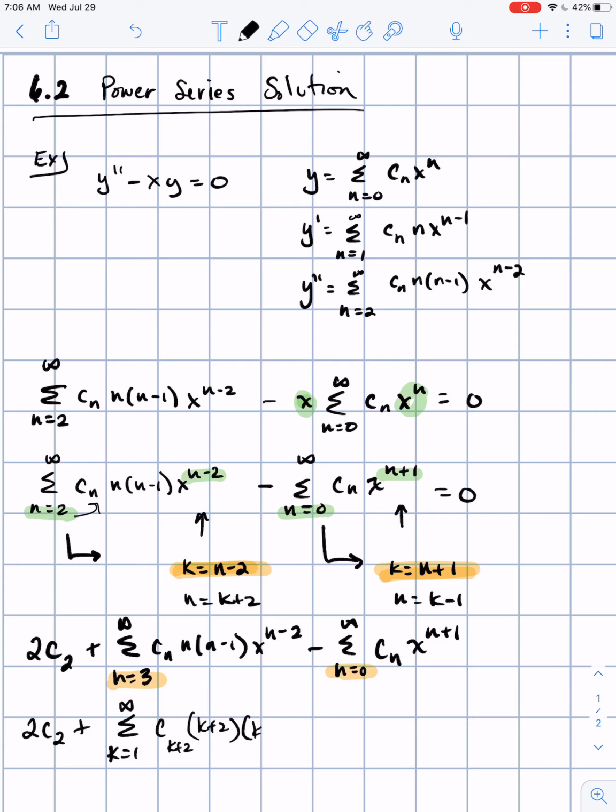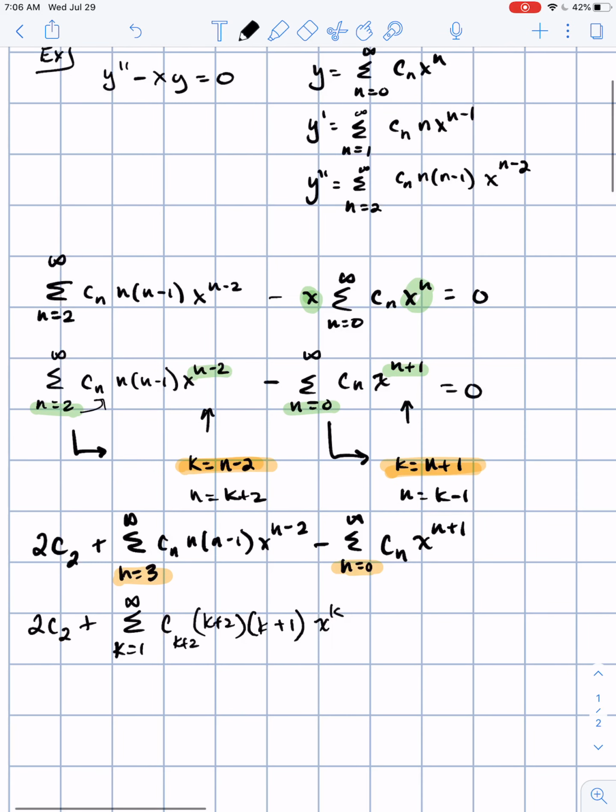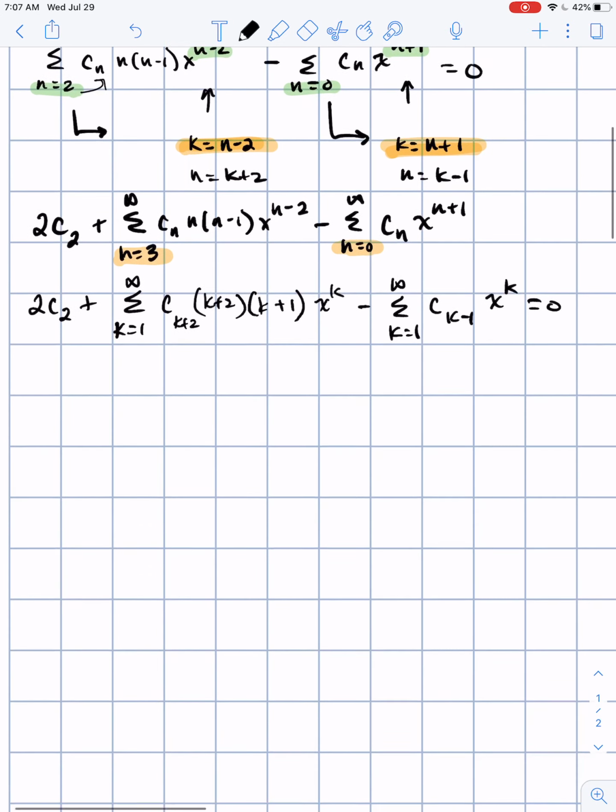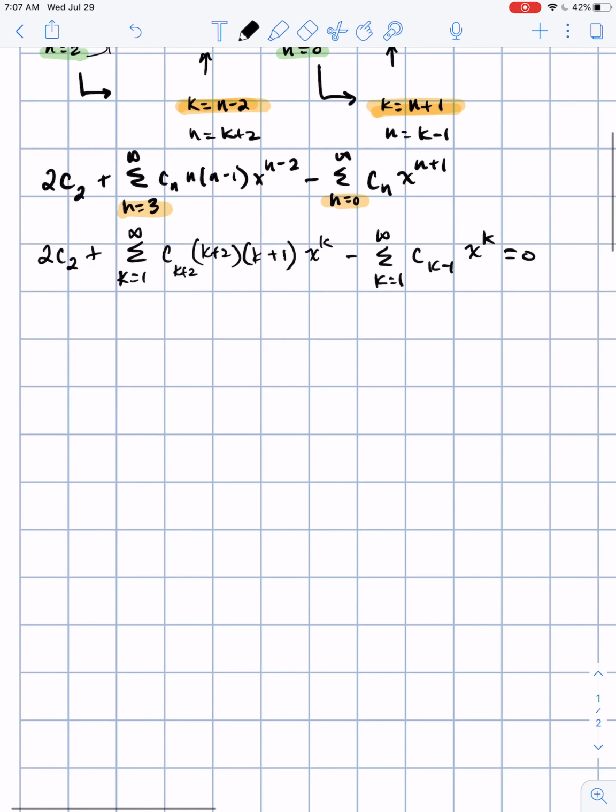So I'll have k plus 2 times k plus 1, x to the k, that should always be the same, and then minus the sum from k equals 1 to infinity of c sub k minus 1 x to the k equals 0. Okay.